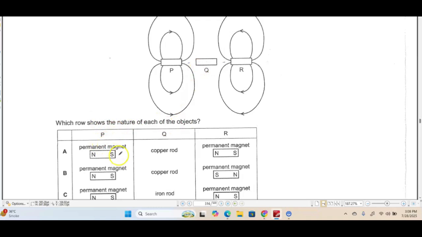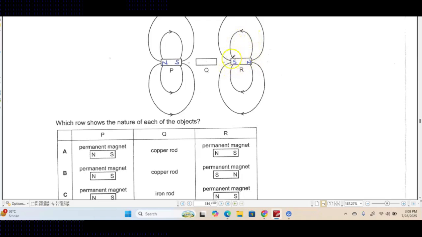So P is a permanent magnet, Q is a copper rod, R is a permanent magnet. Yes, this is correct. But what we have to do is see the orientation. Now the direction of the magnetic field lines is like this. So we know this is going to be north and this is going to be south because they are from north to south. And over here, this is going to be north and this is going to be south.